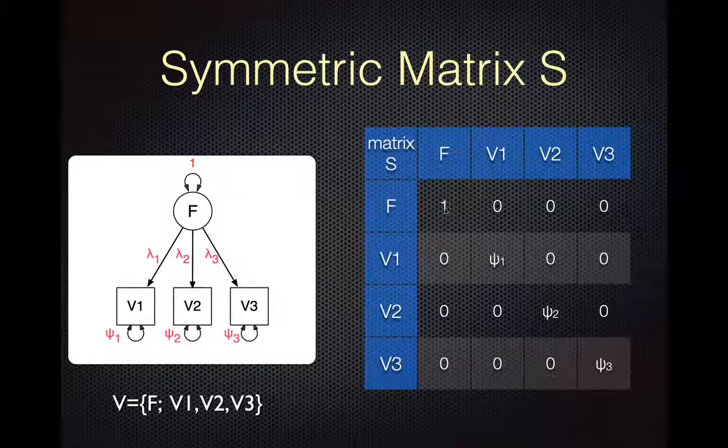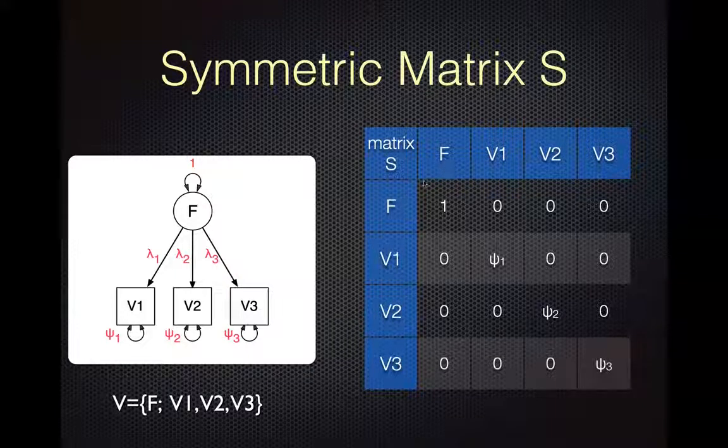So the matrix S, the variance of F, that is, there is a double-headed arrow from F to itself, and this is given the value 1. And so that enters on the leading diagonal of this S matrix.